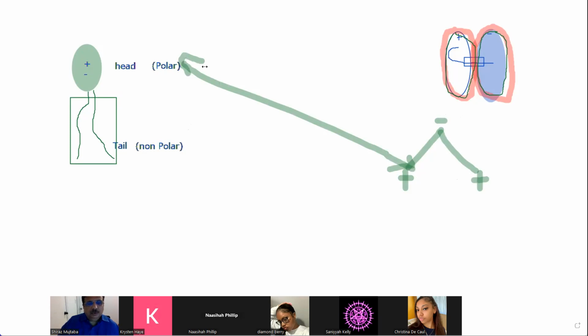This is called hydrophilic. The head is hydrophilic. The positive can interact with negative oxygen, and the negative can interact with hydrogen. And the non-polar tail does not like water, so it is called hydrophobic.